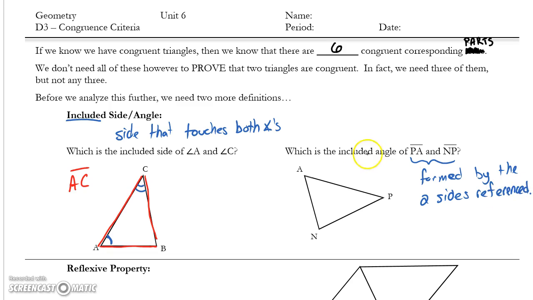What that means, if I'm referencing side PA, this side here, and side NP, this side here, those 2 sides form an angle. In this case, it's angle P. Angle P becomes my included angle because it has been formed by those 2 sides. The idea of included angles and included sides is going to play a very important role in proving triangles congruent. So let's make sure we understand that concept.